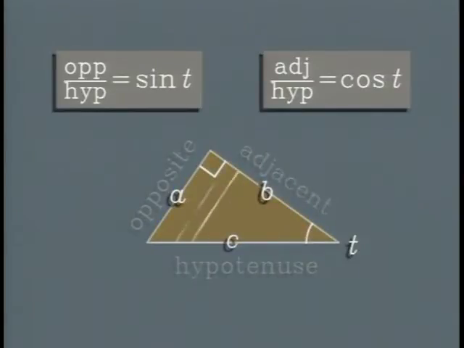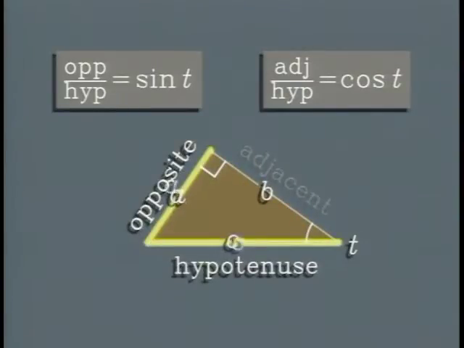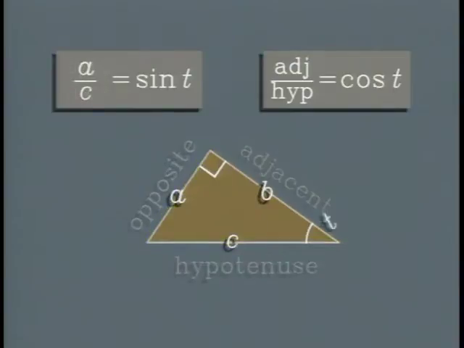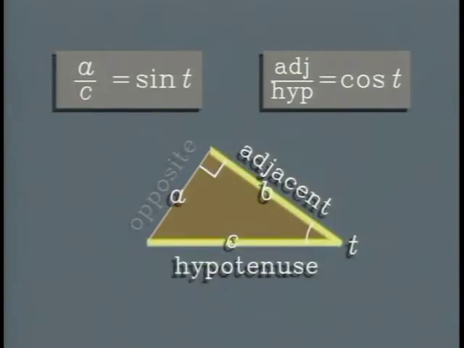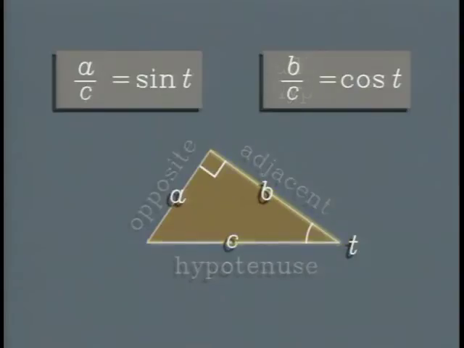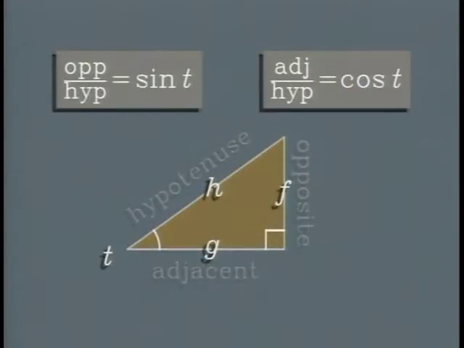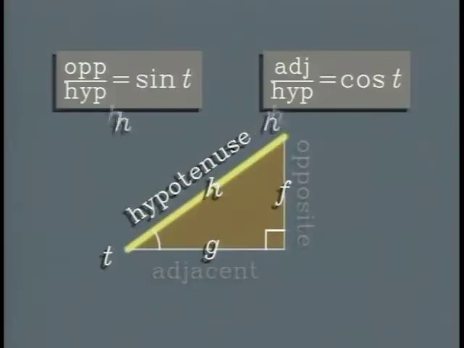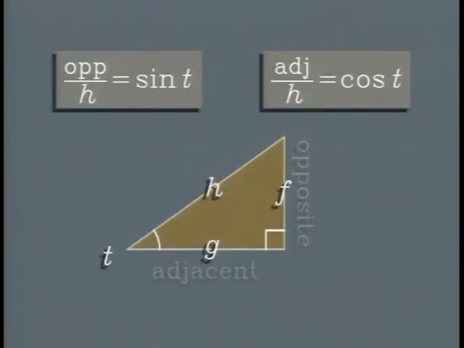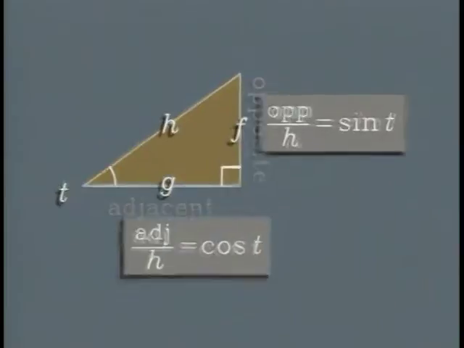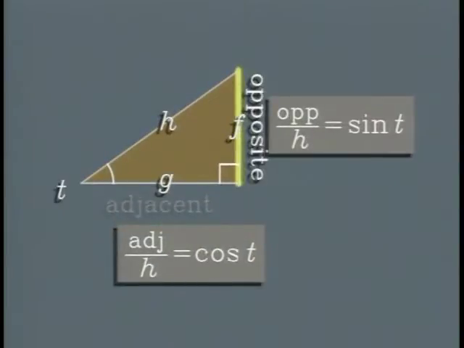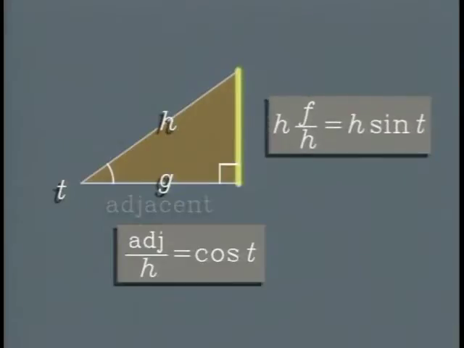Remember, the sine of angle t is the ratio of the opposite side to the hypotenuse, and the cosine of t is the ratio of the adjacent side to the hypotenuse. We'll use these ratios in the following form. In this right triangle, the hypotenuse has length h. The side opposite angle t has length h times the sine of t.